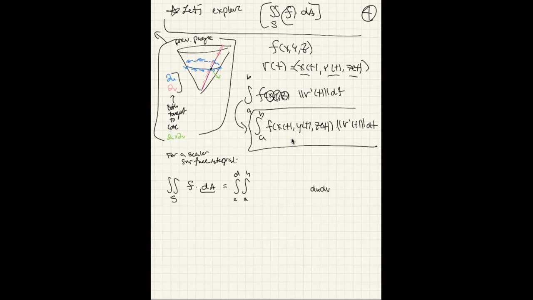We need that area piece, and we said that was the magnitude of partial u cross partial v. You might want to just write f of x, y, z, but you're not quite done at that point, because remember, this integral should only have u's and v's in it before you can start rolling up your sleeves and going back to Math 102 and doing the integral.